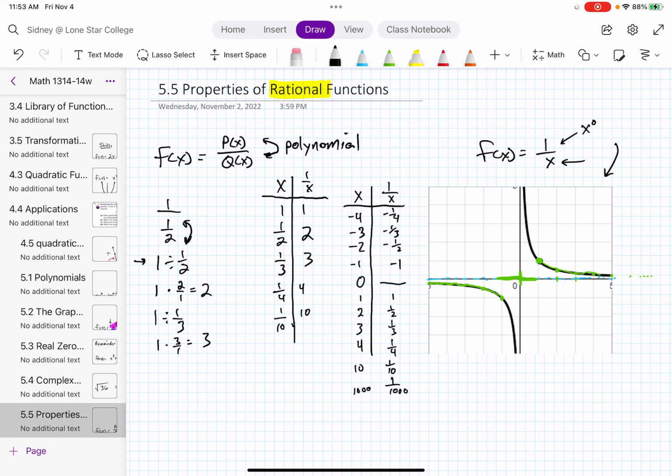But what you're seeing is, as my values get closer and closer to 0, the output becomes infinitely large. You see this thing take off, going up and getting infinitely close to the x-axis. I'm sorry, to the y-axis, and getting infinitely high in its y value. It just skyrockets. We never actually get to the y-axis, but we do get infinitely close to it as this gets infinitely large.